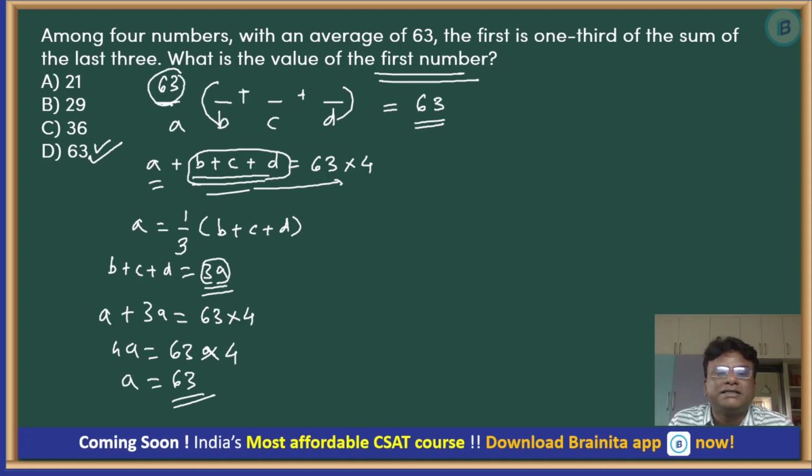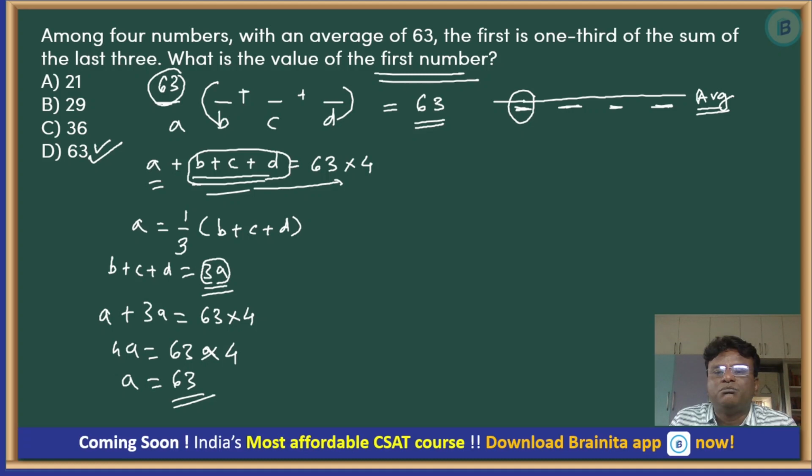Think of this: whatever numbers are there, in our scenario there are four numbers. What is an average? You are adding these four numbers and dividing by 4 to draw that common line, and calling that the average.